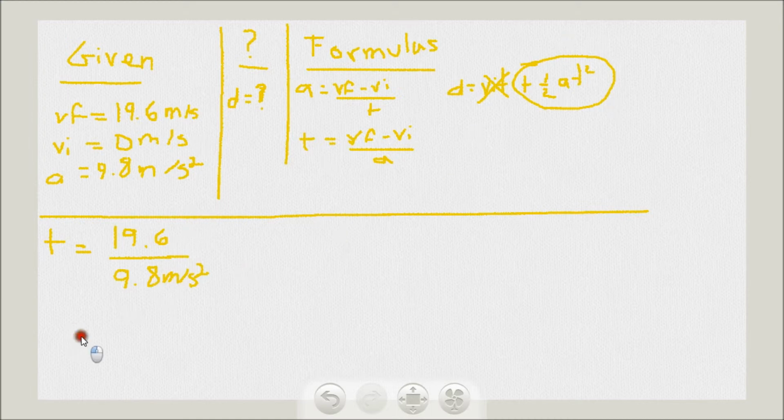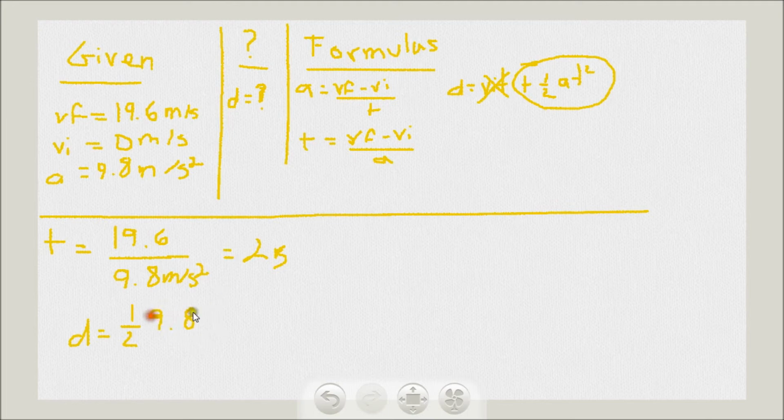So then distance, we're not going to solve right now. For me it's easier to use the calculator once, but if you want to solve this, it will be 2 seconds. But if you want to keep it easier, the distance is equal to a half of acceleration, so a half of 9.8 meters per second squared.